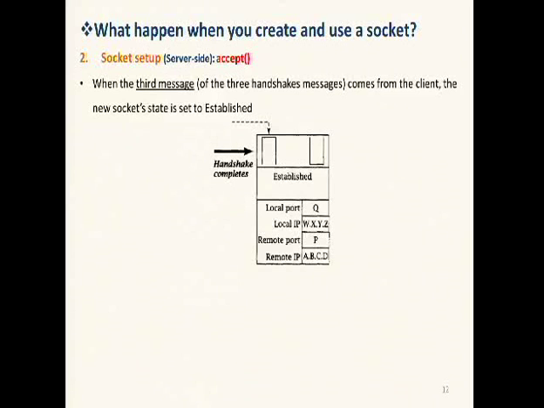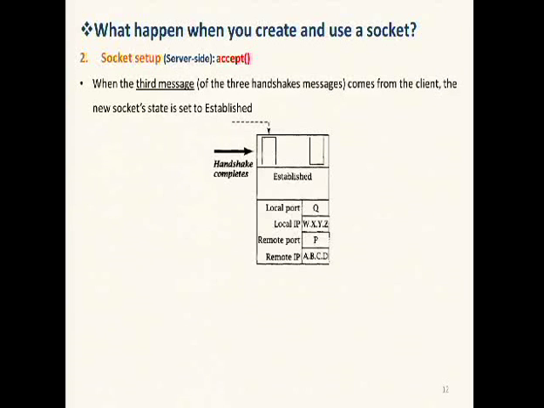Now you have a socket in here. So what does it mean, the third? First, we received a request. Then the server sent the acknowledgement. Then now we're having what? A connection, a socket.